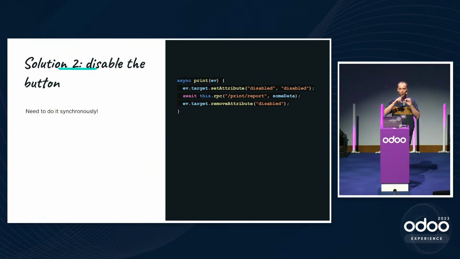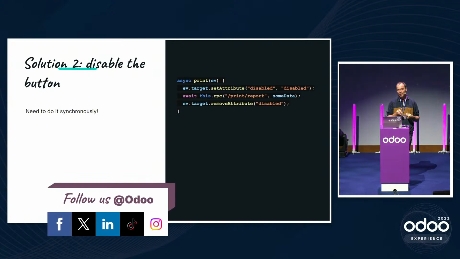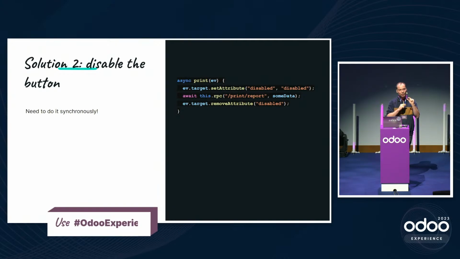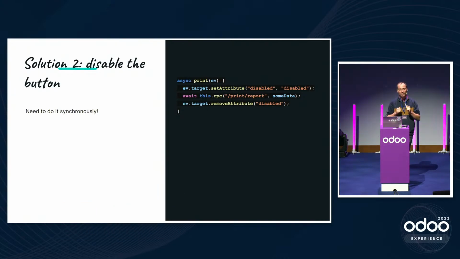You just make sure that you disable it synchronously, so immediately, when the user clicked on it, then there is no way to click on it again until it's enabled again at the end of the request. So maybe it's more in line with what the user expects. It would be weird to have a user click on your button, then wait some amount of time, click on it again, and be able to print 2 reports like that. So that's a possible way to solve the problem.